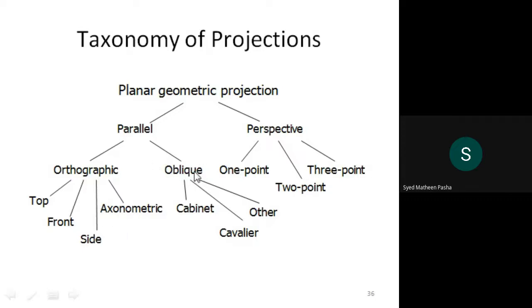Oblique projections consist of three different types with respect to different objects. Perspective projection has three types, with respect to one, two and three points. So this is how the taxonomy of projection is divided.